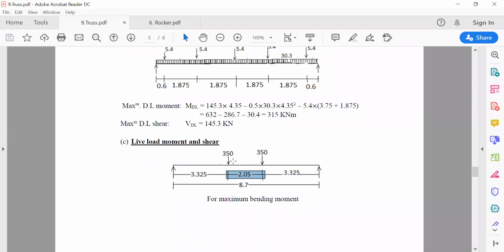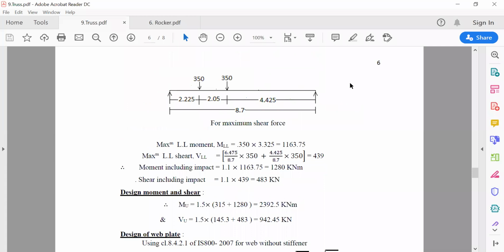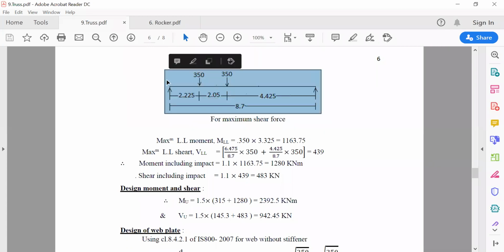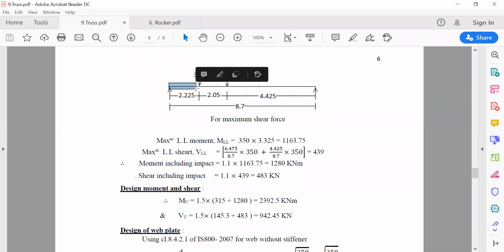Why are we placing it at the middle of the cross girder? Because then only the moment will be higher. And for shear force on the cross girder, the tank should be at the sides. Why are we keeping a gap of this much?